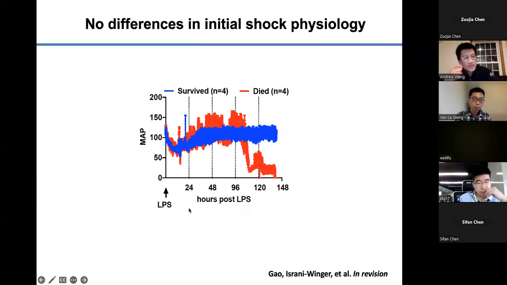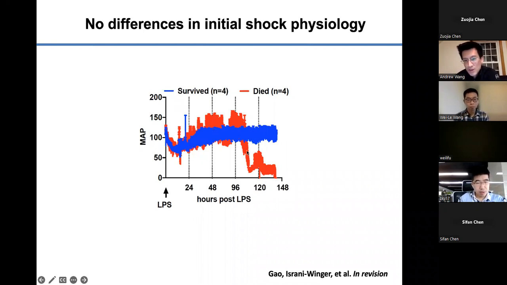Because mice that die from LPS die from the initial loss in blood pressure from the inflammatory response, we ended up doing experiments where we implanted sensors in the carotid artery where we could continuously measure blood pressure, heart rate, and other physiologic parameters. And you can see that after LPS, the ones that survived and the ones that died had the same kind of initial shock response.